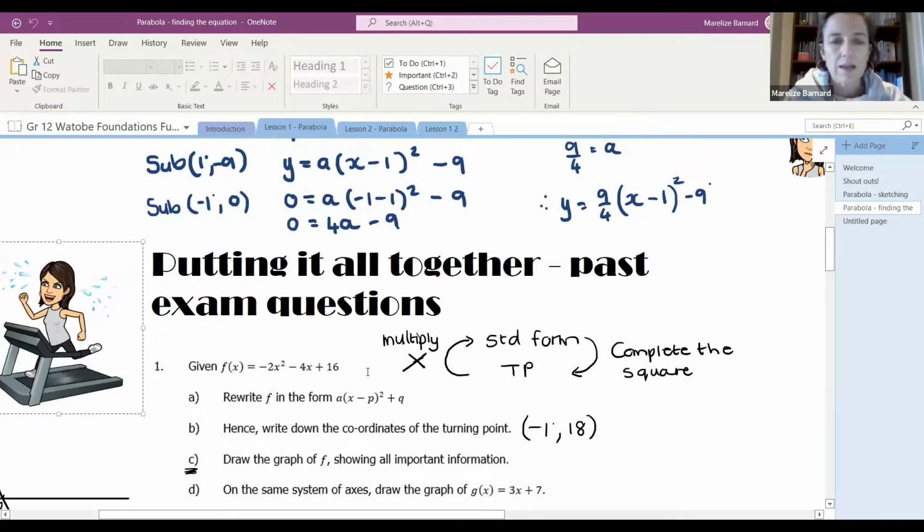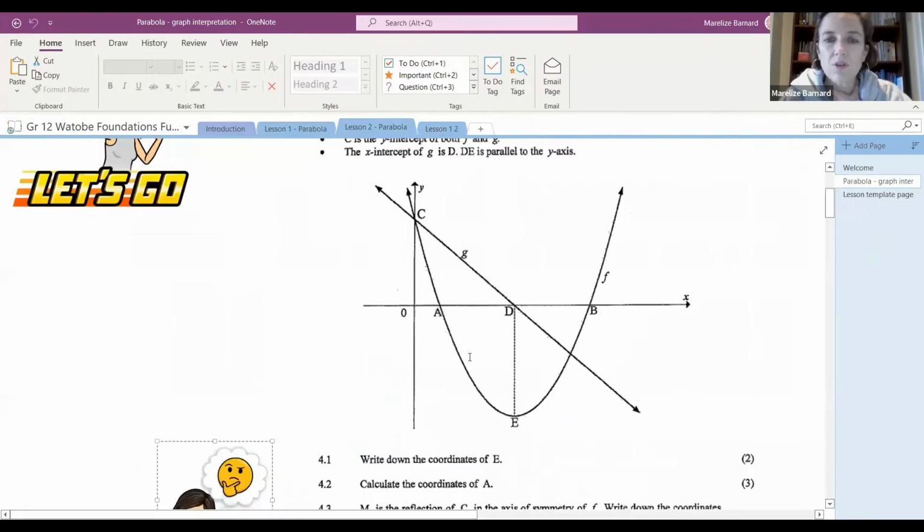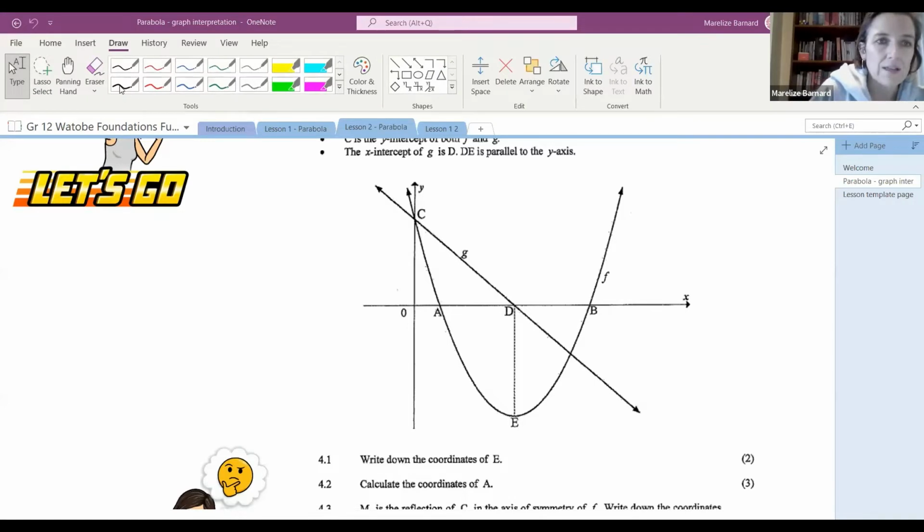Going forward, you have to be comfortable, and I'm going to write a sort of self-check checklist here that you can do when it comes to all the graphs.